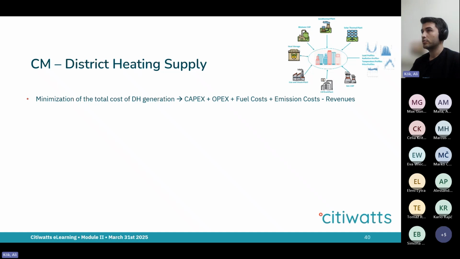We have the operational costs, we have the fuel cost, and then we have some related emission costs. On the other hand, we have the option to have some cogeneration plants. From these cogeneration plants, CHPs, we also produce electricity and sell this. We assume that all of it is sold. So you also have some revenues, and this is a negative cost for the model.